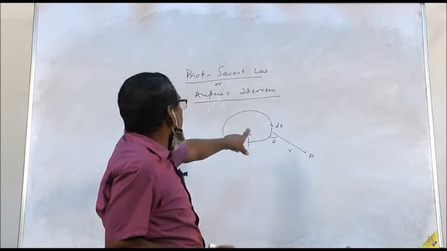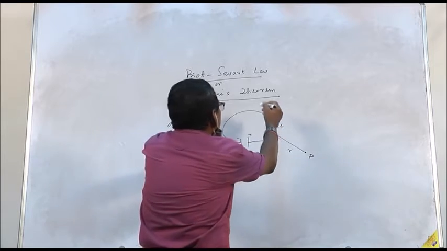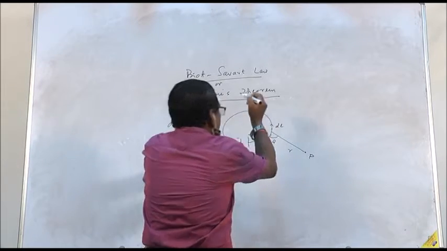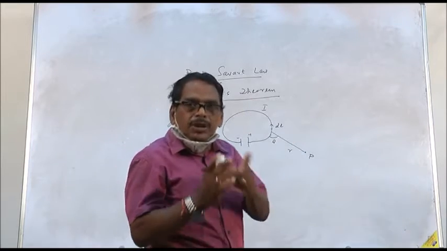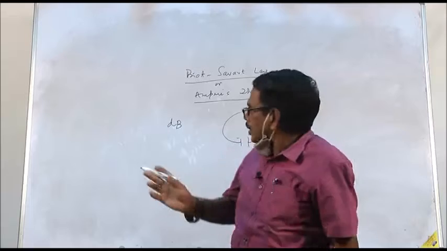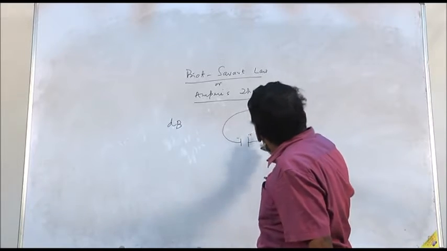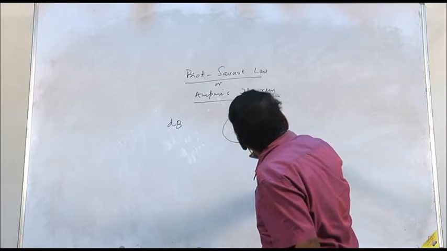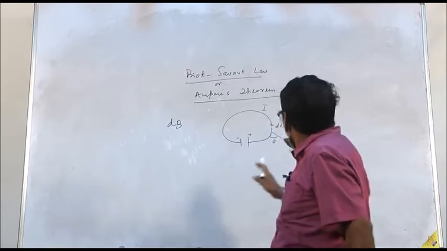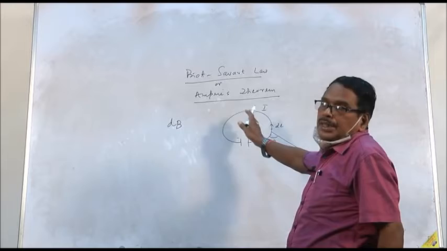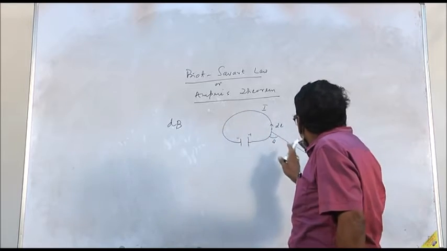So, what will dB depend upon? dB will depend upon the current. First, it will definitely depend upon the current. It will definitely depend upon the distance r. At the same time, it will also depend upon how this point is situated with respect to this element, that is, the position of the point with respect to the element.